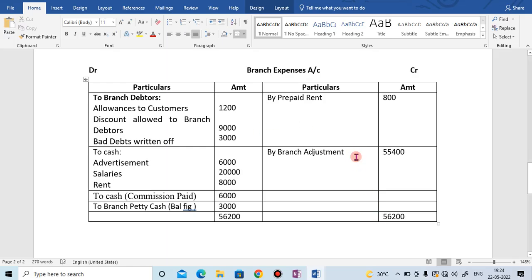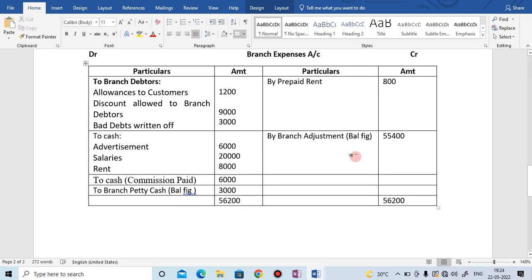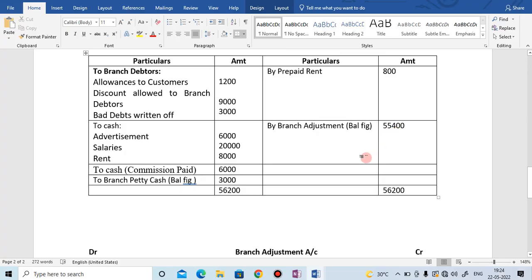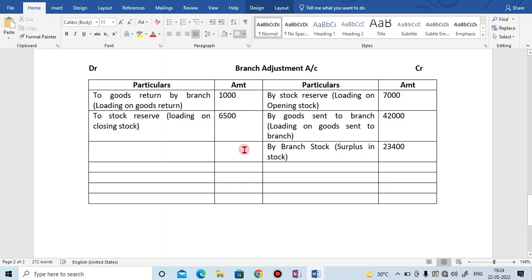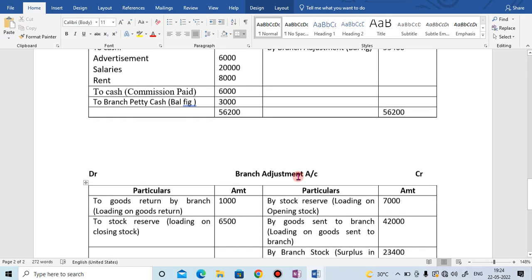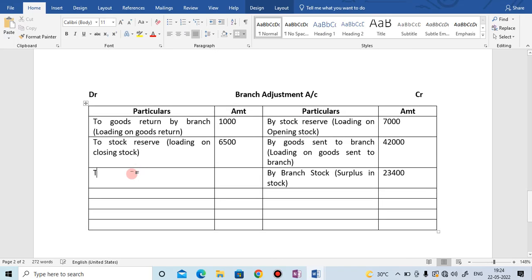This is the balancing figure of the branch expenses account. Now transfer this 55,400 to the branch adjustment account. Here it was on the credit side; now in the branch adjustment account it will be on the debit side, by branch expenses 55,400. Reason is balancing figure of branch expenses account.